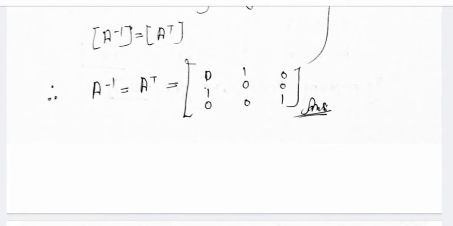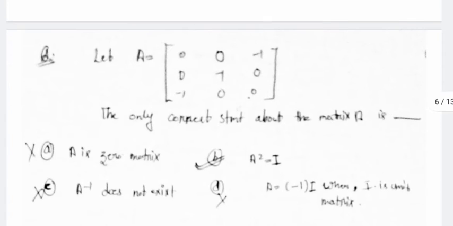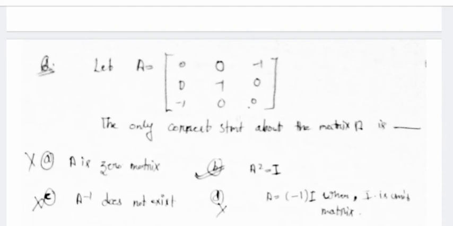Now come to the next question. Here let A equal 0, 0, minus 1 in the first row, 0, minus 1, 0 in the second row, minus 1, 0, 0 in the third row. What is the only correct statement about the matrix A? There are 4 options: A, B, C and D. Option A says it is a 0 matrix.